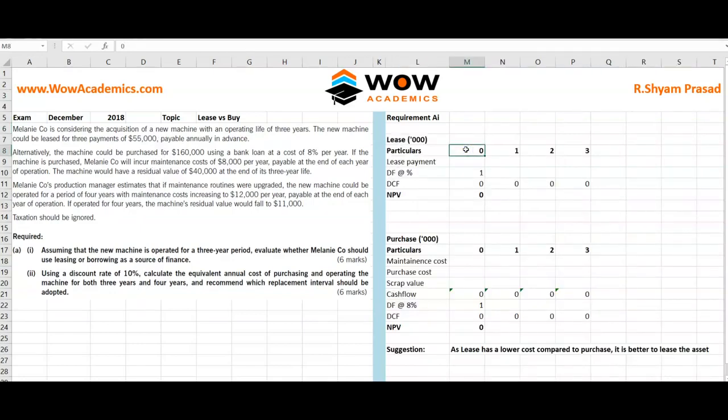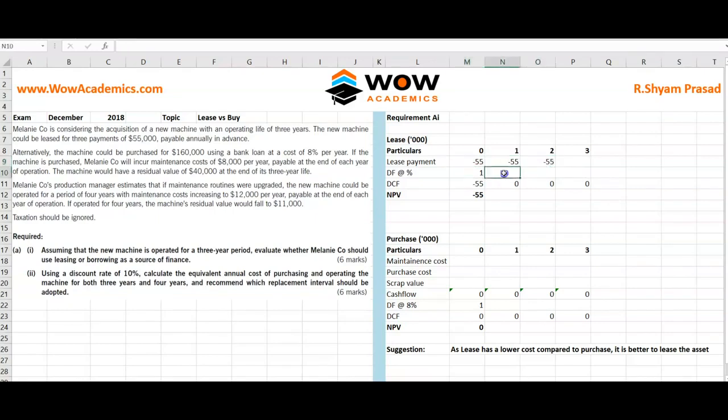We already had the format in the previous problem, so we are using the same format. So we'll start. The machine has a lease of 55,000 and they are payable in advance. So you have to pay it like this. This is the first year payment, second year payment, and third year payment. So done.